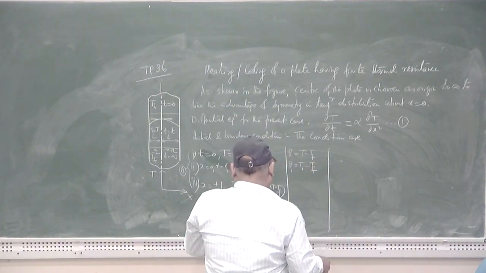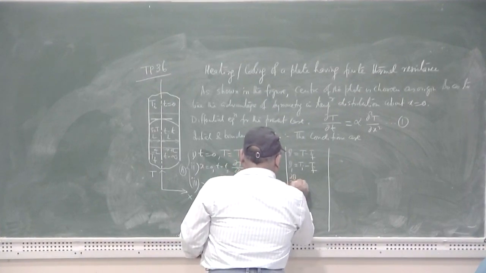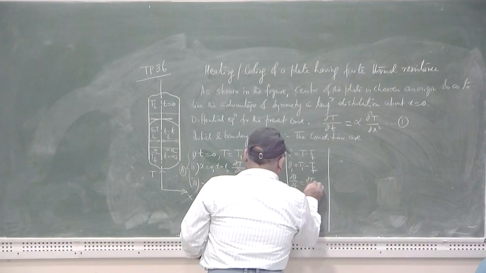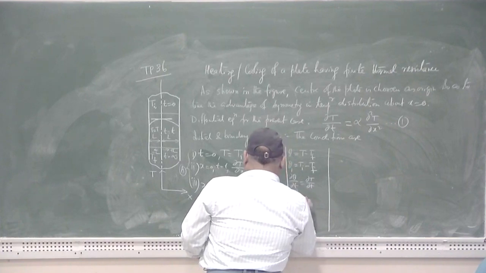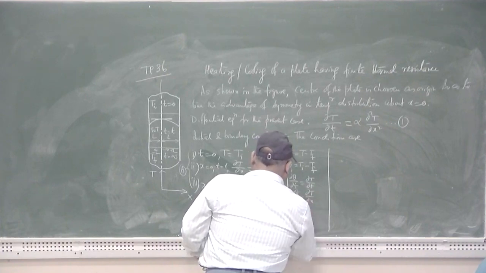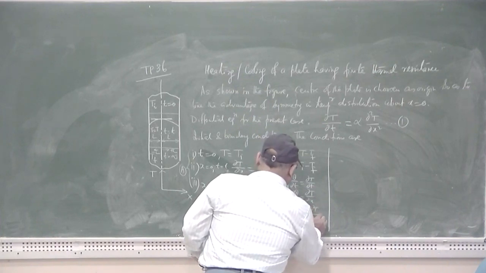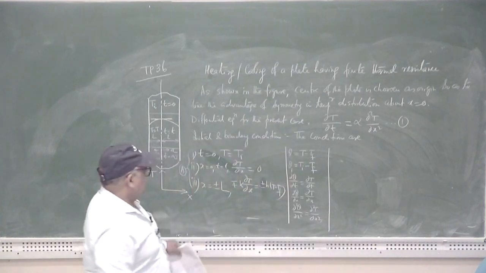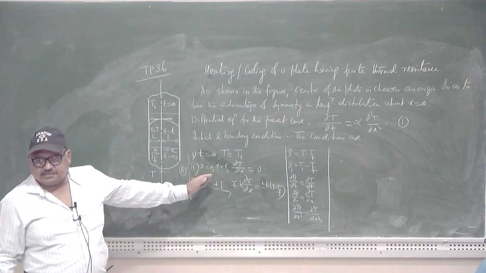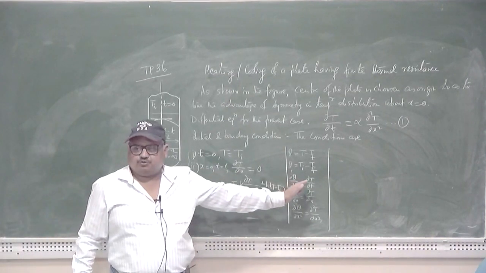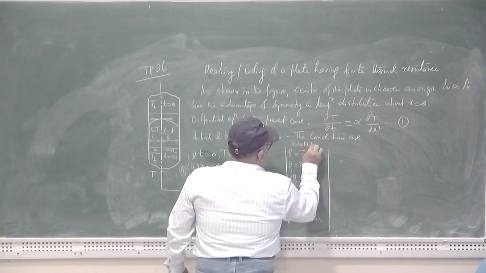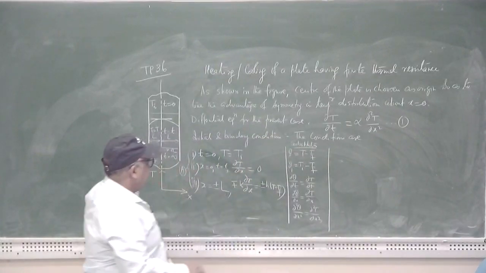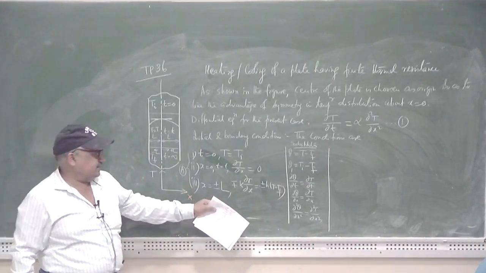So, d theta/dt will be equal to dT/dt, and d theta/dx will be equal to dT/dx, and d2 theta/dx2 will be equal to d2T/dx2, right. So, if these substitutions are being made, then see how the boundary conditions change.